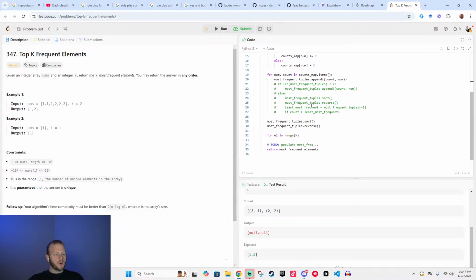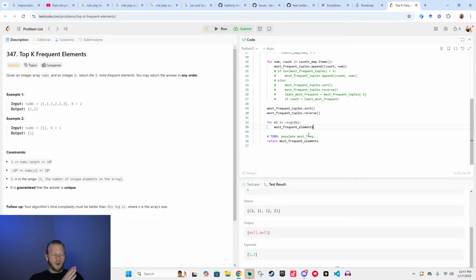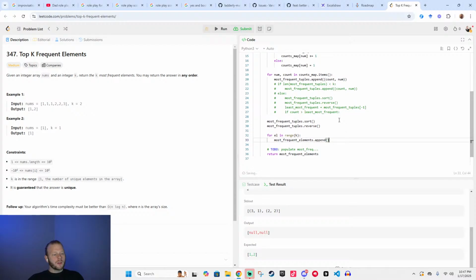So now we're going to go most counted, like most frequent to least frequent. So we'll go up to k, and we will append here just the number.